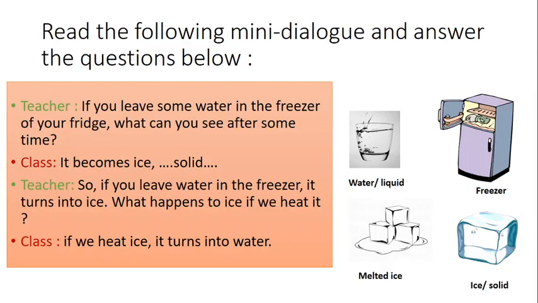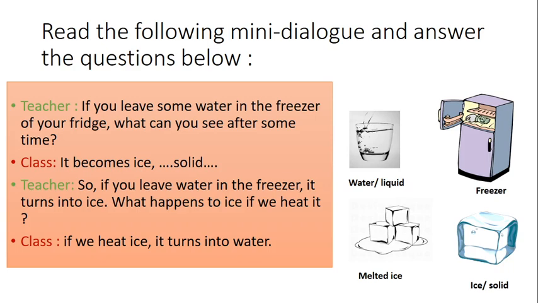You have a short or mini dialogue that you need to read and answer the questions you have in the PDF handout. Great. Before we start reading the dialogue, I want you to look at the pictures. We have water, and you are a scientific student. Water is a liquid. We have a freezer, meaning the upper part of the fridge.